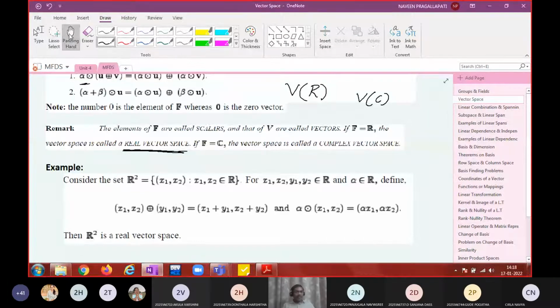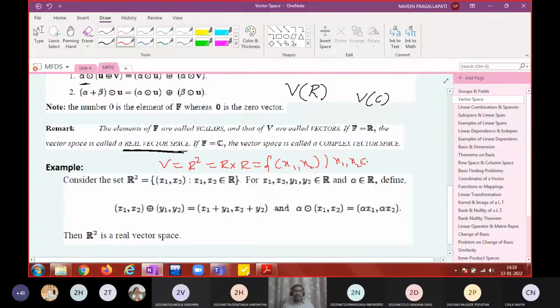And this is an example of a real vector space. So what is V here? V is R square. What is R square? R square is nothing but R cross R, which is the set of ordered pairs x, y. In this case, it is written as (x1, x2) such that x1, x2 belong to the set of real numbers.